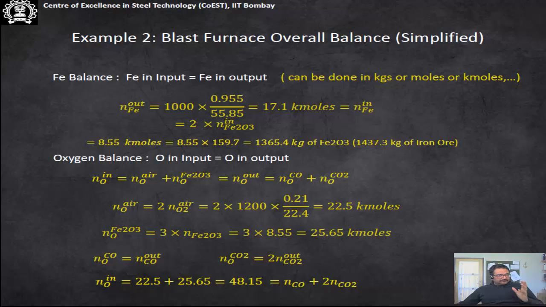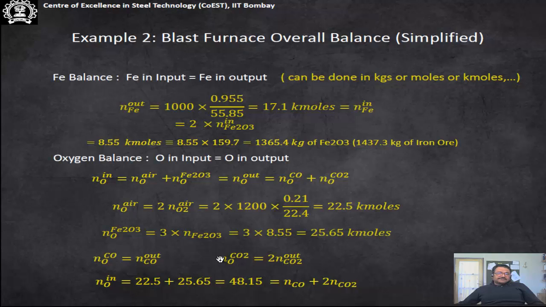This should be equal to the moles of O which is coming out. CO contains 1 mole of O, and every molecule of CO2 contains 2 moles of O. Therefore, oxygen in CO2 should be twice the number of moles of CO2.